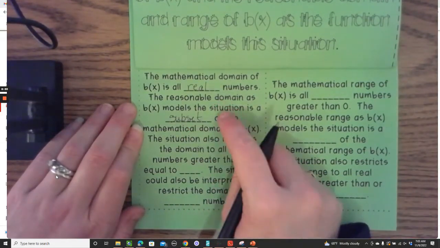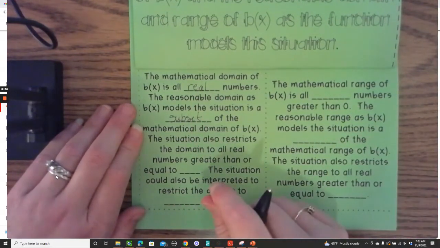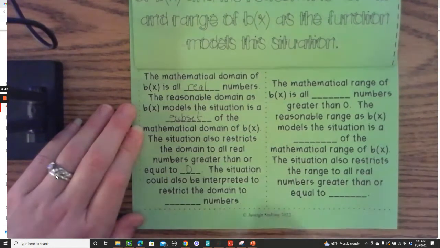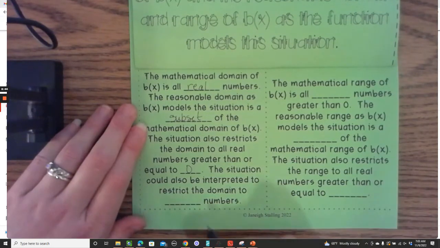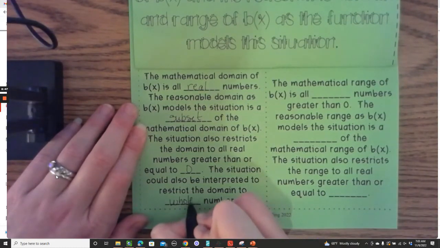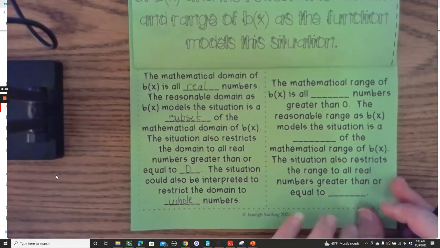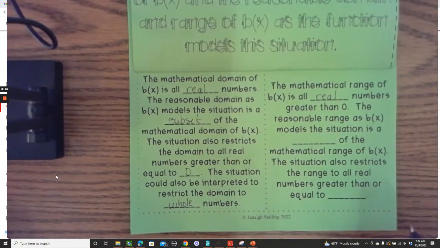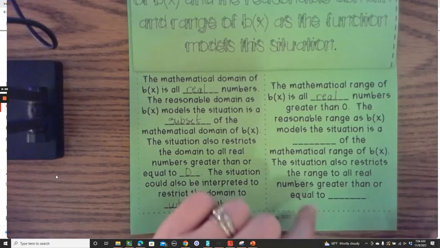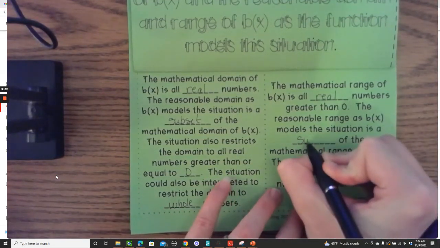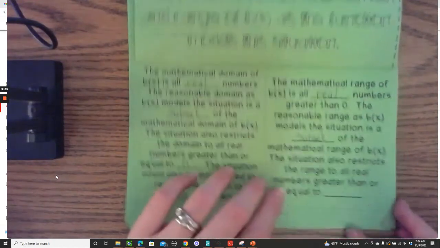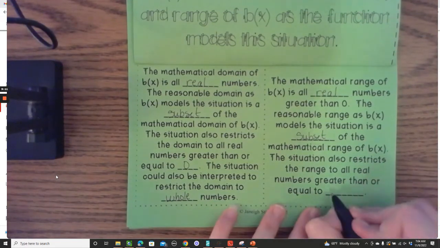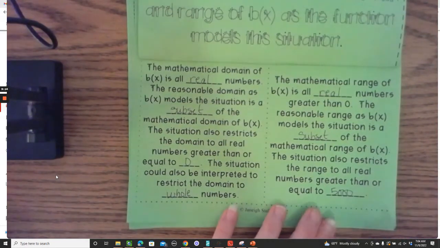The situation also restricts the domain to all real numbers greater than or equal to 0, and could also be interpreted to restrict the domain to whole numbers. The mathematical range of b of x is all real numbers greater than 0. The reasonable range as b of x models the situation is a subset of the mathematical range of b of x. The situation also restricts the range to all real numbers greater than or equal to 5,000.